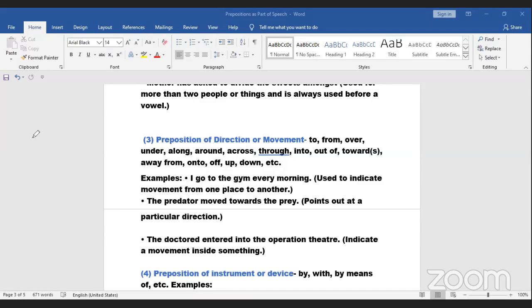Where to use in and where to use into. See, I'm talking about this dot.